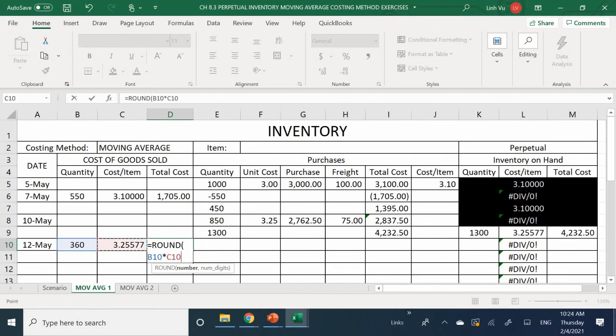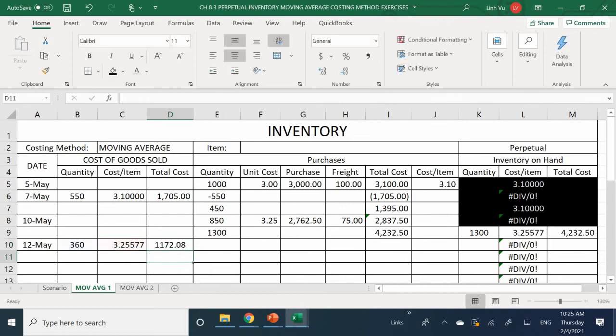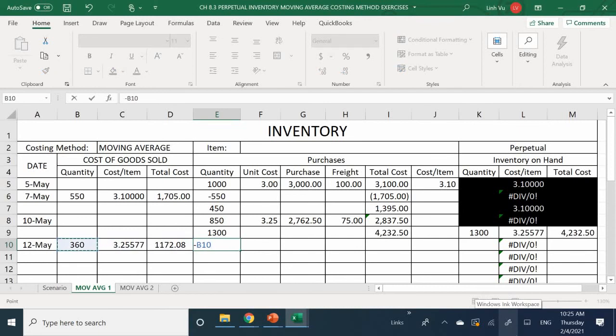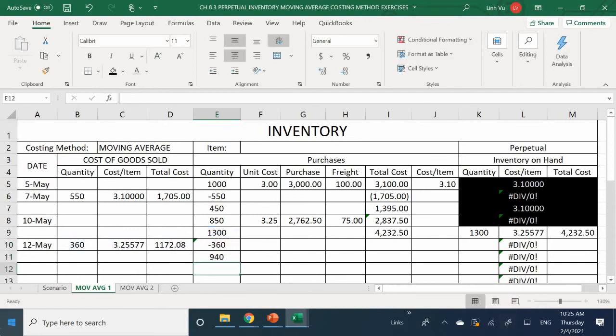And what is my total cost of goods sold here? 1172.08. Now notice this. I don't have to split up my amounts. I would calculate it and I would grab that amount and journalize it immediately. That's the easiest thing about this as well. Okay. So again, I'm going to go ahead and eliminate this 360 to give me a grand total of 940.